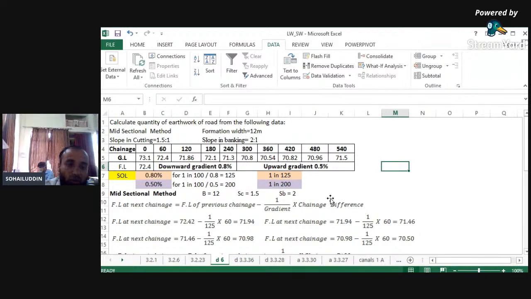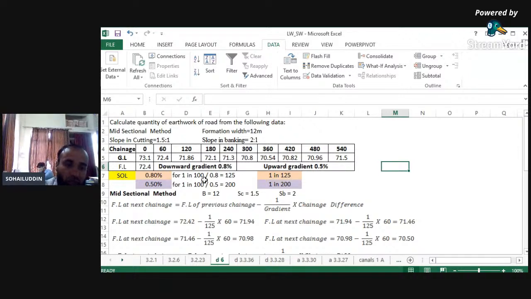So 1 in 125 for 60 to 240, and from 300 to 540 it is 1 in 200. In some questions this gradient is directly given as 1 in 200 or 1 in 40 or 1 in 30, but in some problems it has been given in percentages. So no need to be confused about how to convert this into gradient form. This is most important. These are simple calculations.